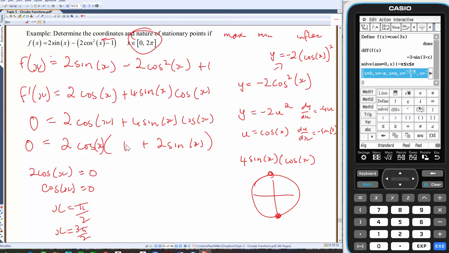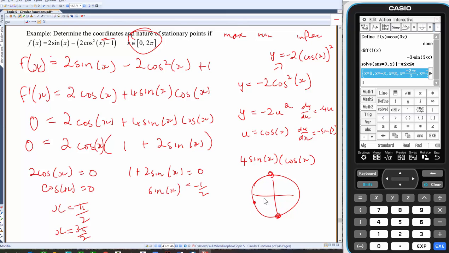Right, now what I'm going to do is solve this, and notice how beautifully this question is written, because 1 plus 2 sine x, this part here could be equal to 0 according to the null factor law. So we're going to say that's equal to 0. Sine x equals negative a half, and it just so happens that this turns out to be an exact value. So when is sine of x equal to negative a half?